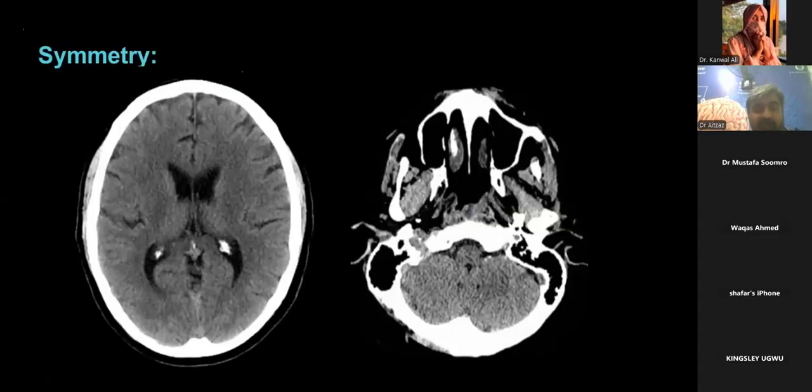So after the landmarks, the second step is symmetry. Are these two images symmetrical or asymmetrical? Symmetrical, sir. Symmetrical in the sense that the sides are mirror images of each other. Very good.